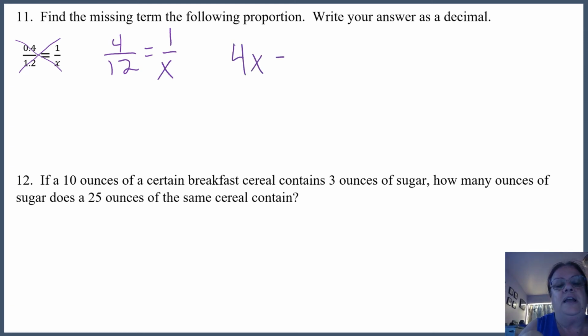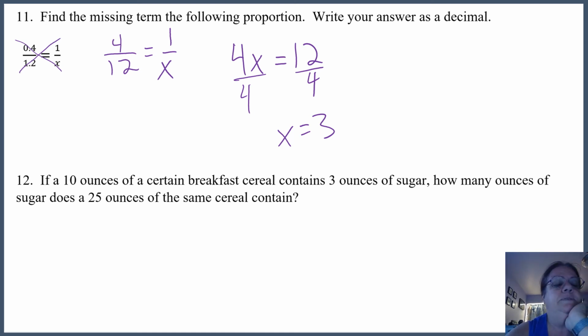I have 4x equals 12. I divide by 4, x equals 3. Doesn't need to be a decimal. It wouldn't have turned out a decimal either way, so you're fine with that.